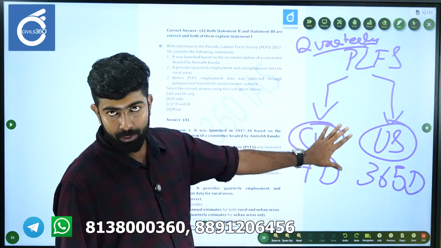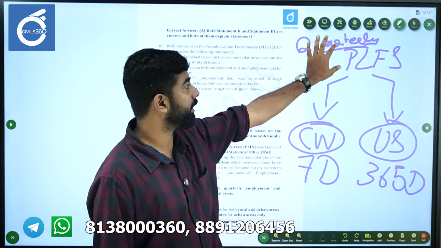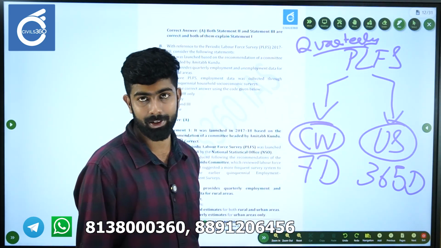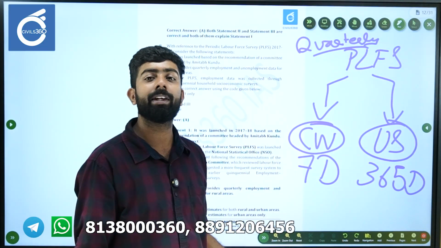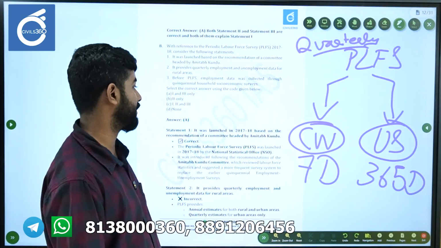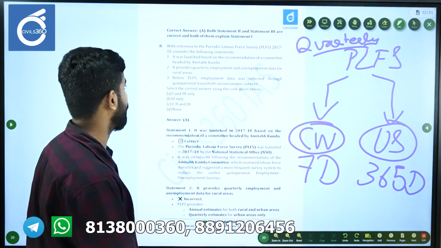But after July 2025, it is now giving quarterly data for both urban and rural areas using the current weekly status. Annually, it gives data for both urban and rural areas using the usual status. So this is the basics of PLFS.